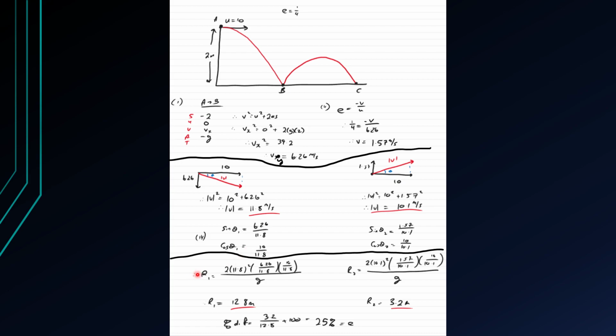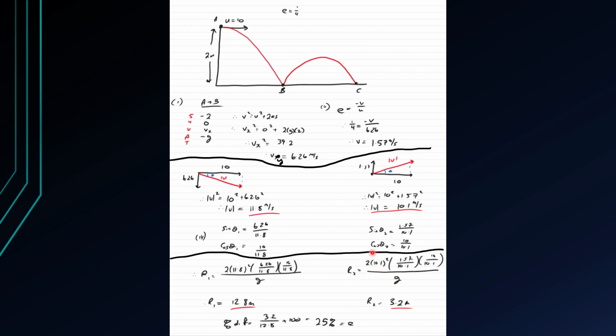So if we put it into our range equation, we get 2u squared sine theta cos theta over g, and the first one is 12.8. So this 12.8 is actually taking the whole parabola into account. In reality, it should have been half of it, but we're going to take the whole parabola into account here.